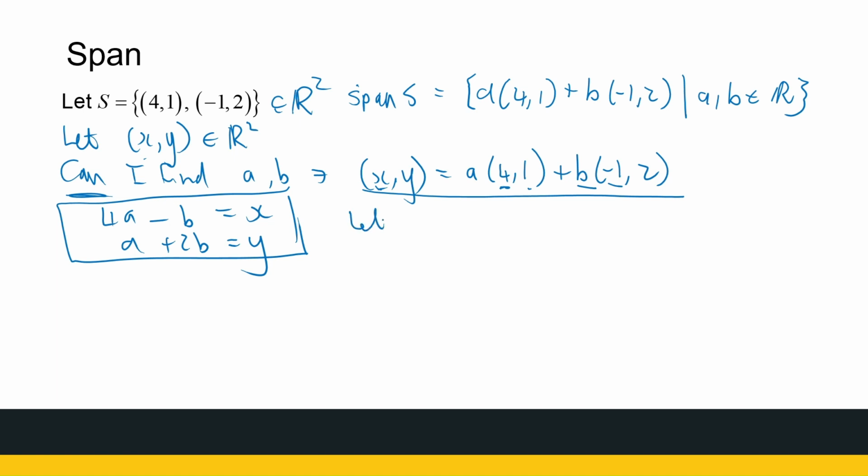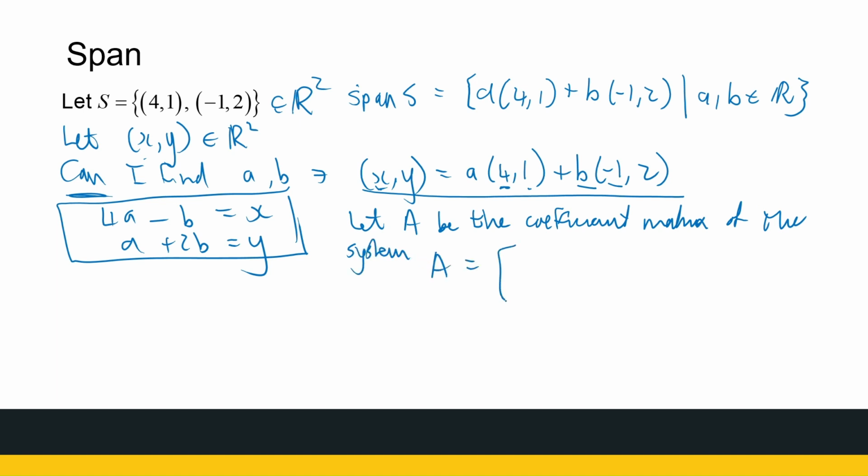Because if I look at this system and I say let A be the coefficient matrix of the system, then A is equal to the matrix 4, minus 1, 1, 2. Then I know the determinant of A tells me something about solutions of that system. The determinant of this matrix A is 8 plus 1, which is 9, and I know that's non-zero. So therefore the system is consistent.